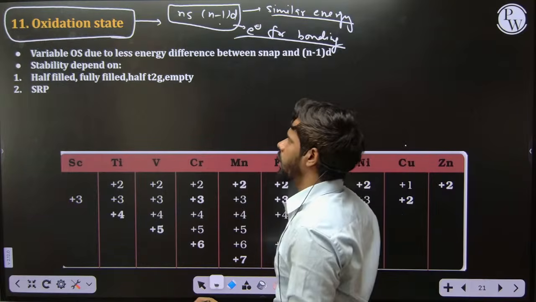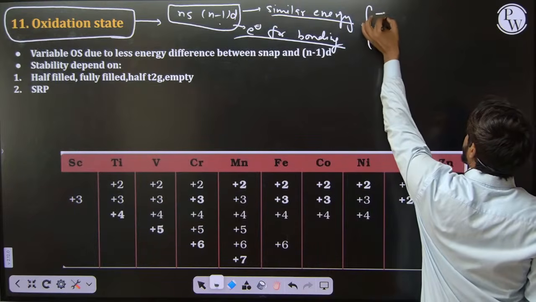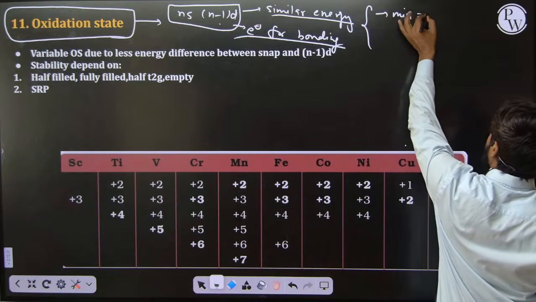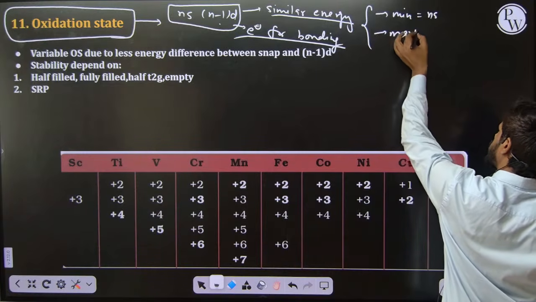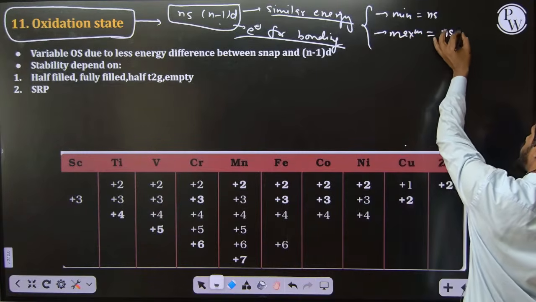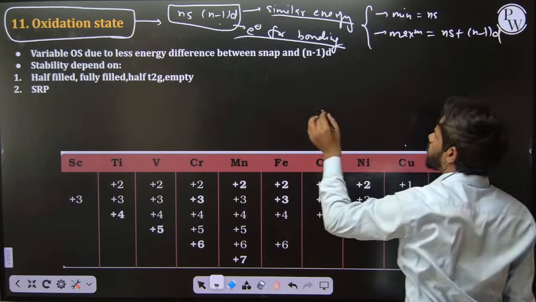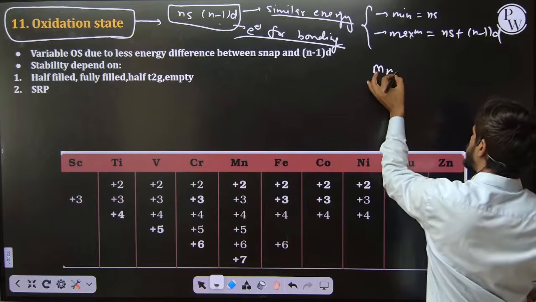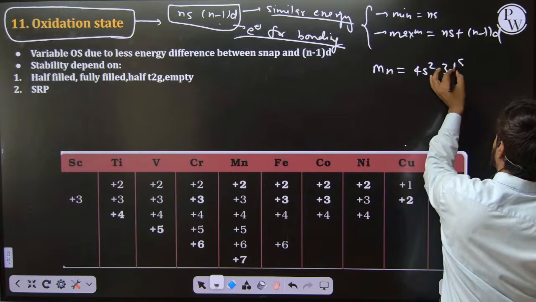Since ns and (n-1)d electrons are used for bonding, the minimum oxidation state is ns, and the maximum is ns electrons plus (n-1)d electrons. For example, for manganese, the configuration is 4s2 and 3d5.